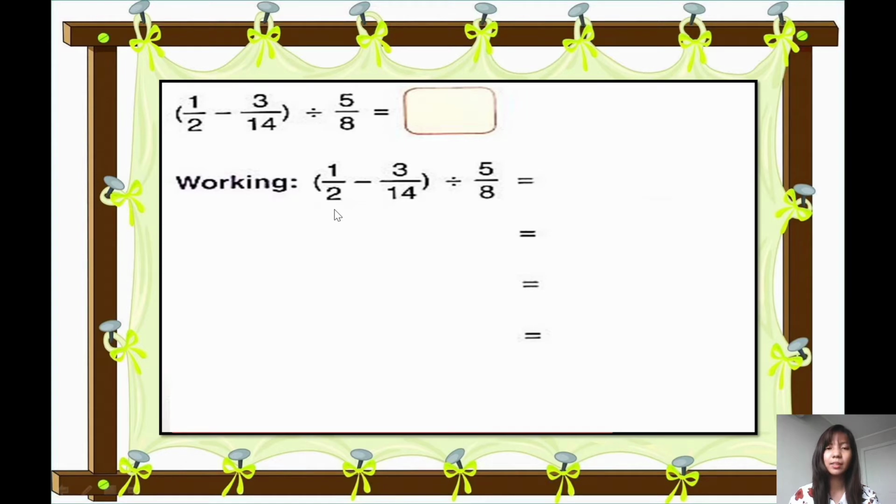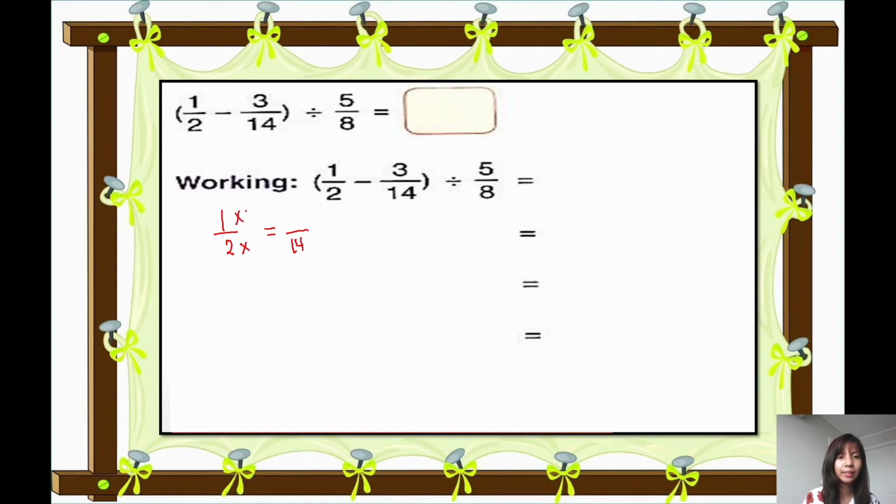So from this smaller fraction, 1 over 2. What are you going to multiply to 2 to make it 14?